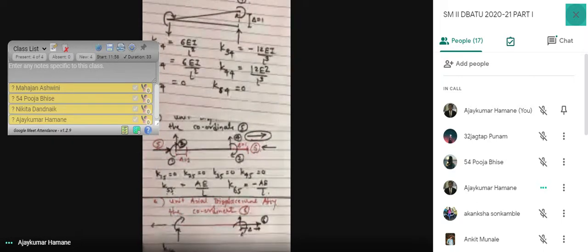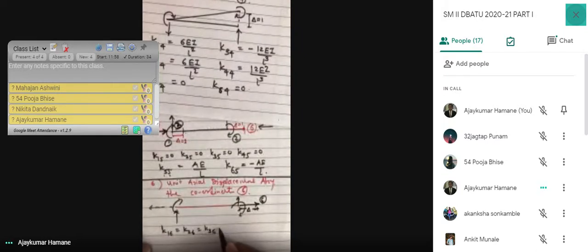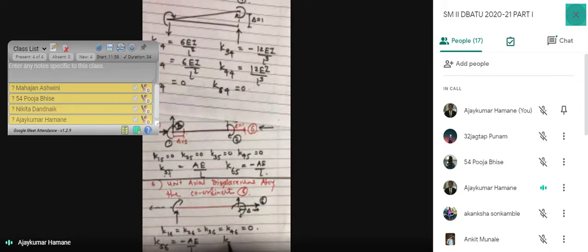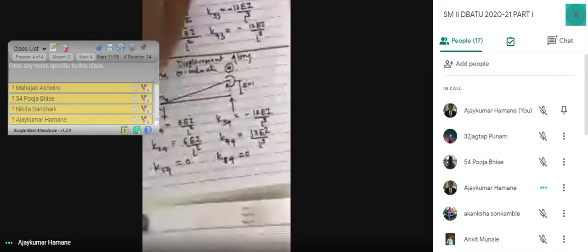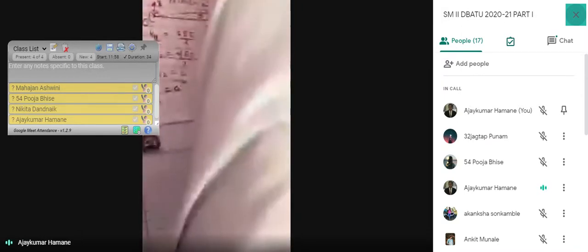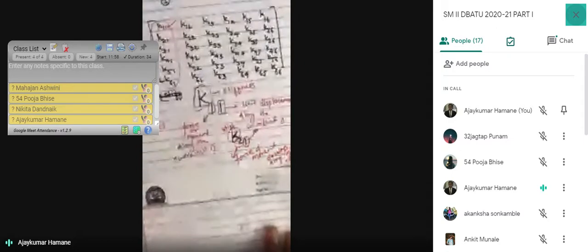So all the forces K16, K26, K36, K46 equals 0, and K56 minus A by L, and K66 plus A by L. Okay, now after solving all these things, it comes into the matrix format.